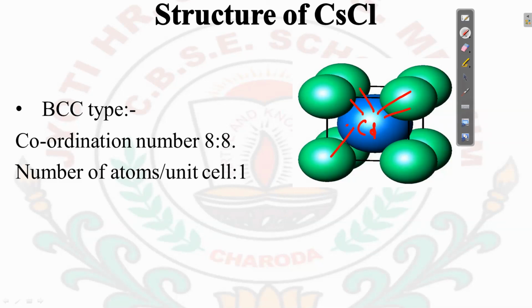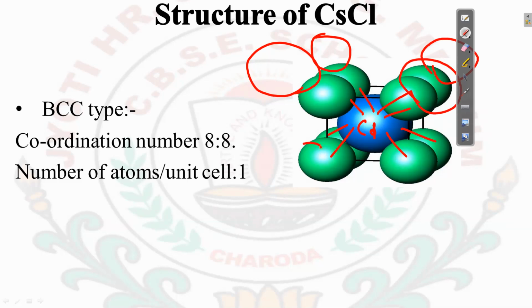So the coordination number is 8 is to 8. This may be confusing: 8 different Cs are joined with each chlorine atom.